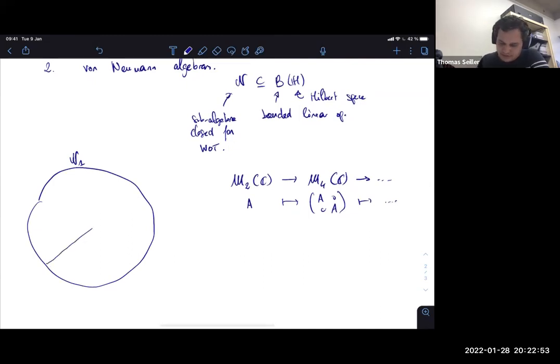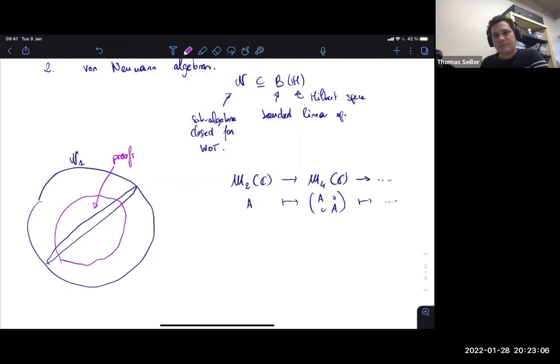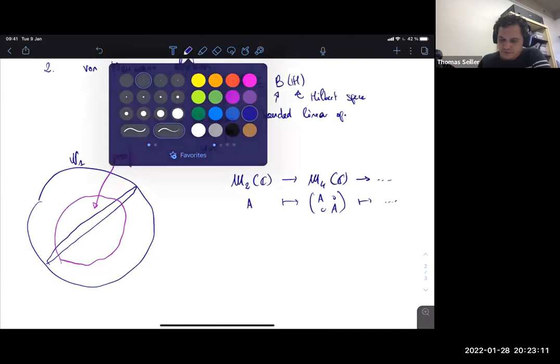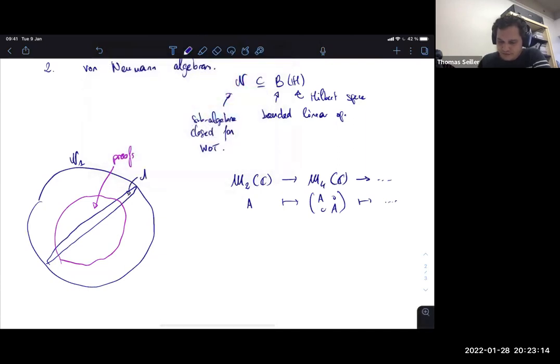then there's a way of representing proofs in this, right? In the sense I just explained before. And to represent the proof, you need to fix both a von Neumann algebra and a subalgebra, a maximal abelian subalgebra. So if you fix A included in the algebra, then you can embed proofs.